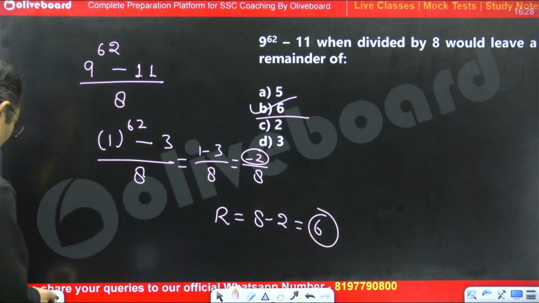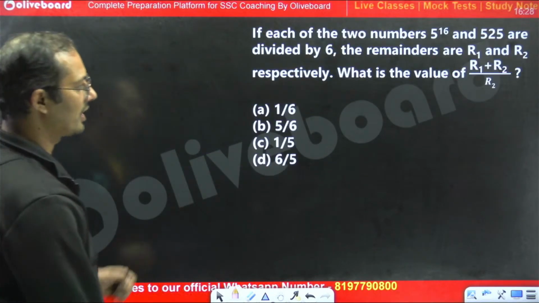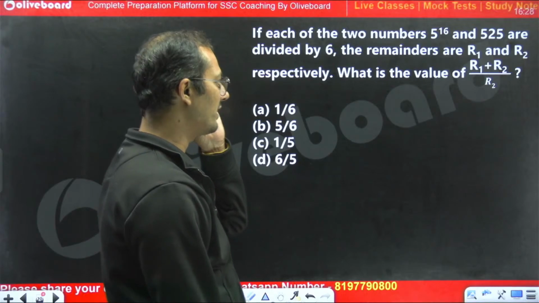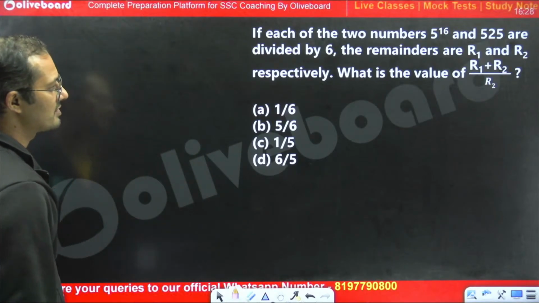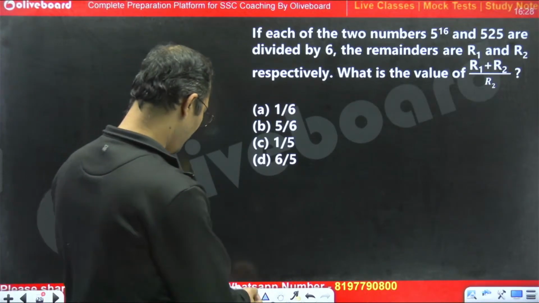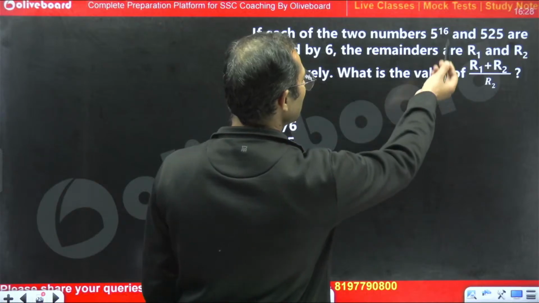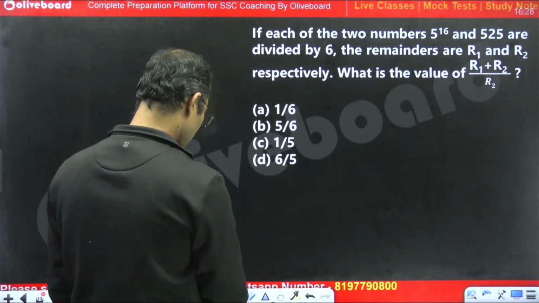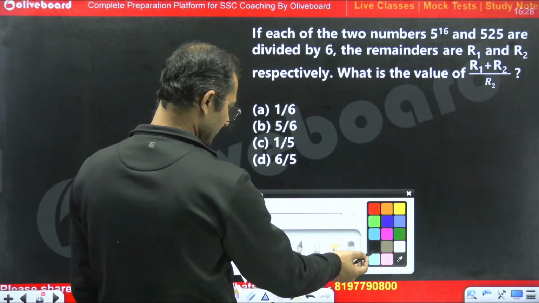So I hope this thing is very much clear. Now tell me the answer of this question. See, whenever, so here simply we can say, just make it correct. This is 5 to the power 25, okay?